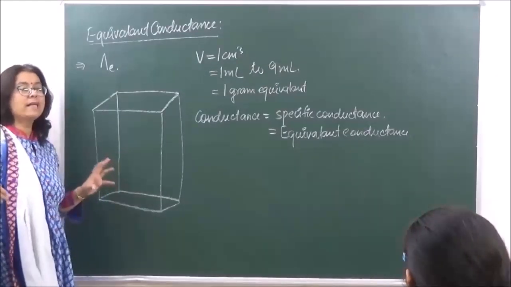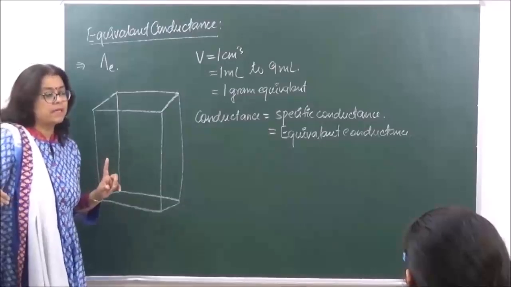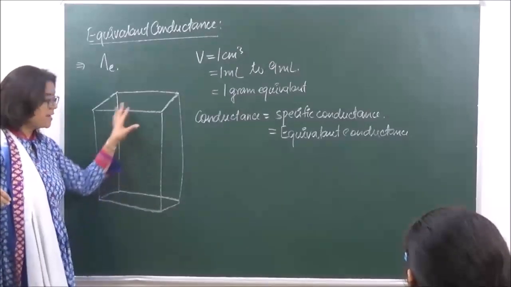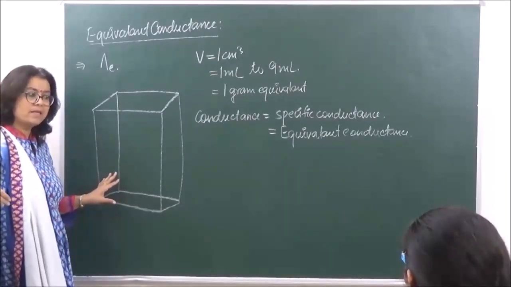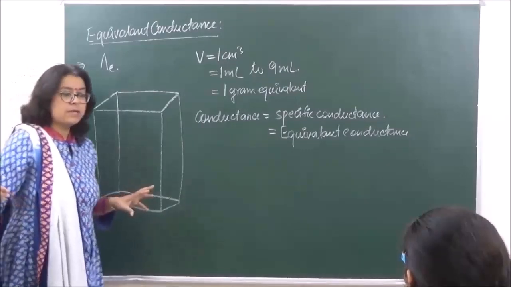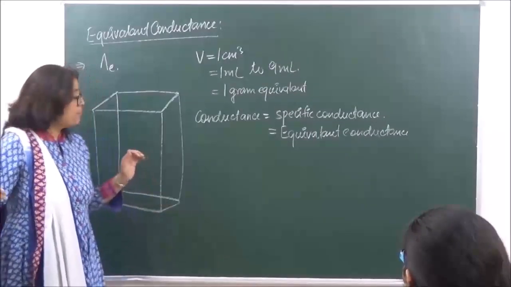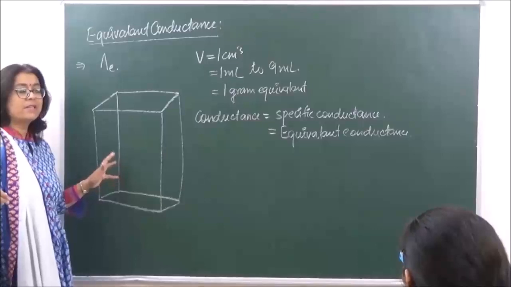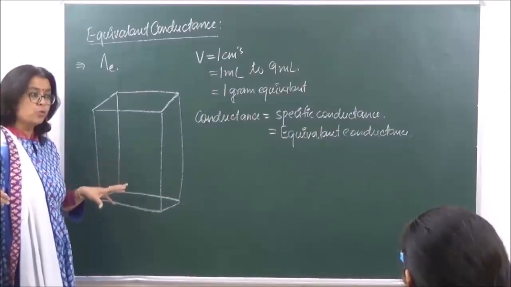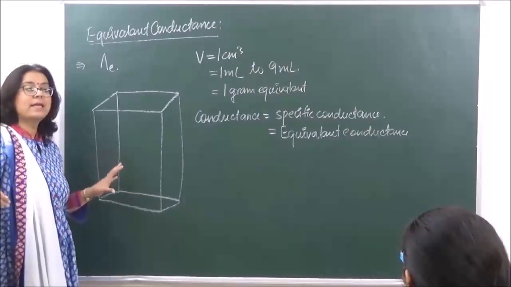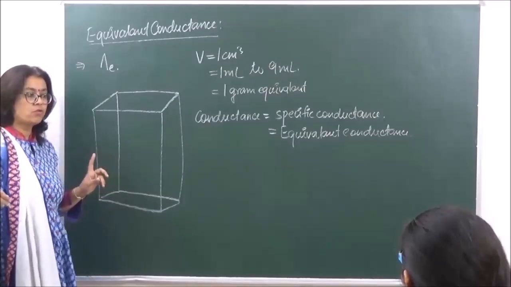Each cube now contains 1 milliliter. First, the entire trough was carrying 1 milliliter. Now we have diluted it to 9 milliliters, and hypothetically the trough is divided into 9 cubes, each containing 1 milliliter of solution.